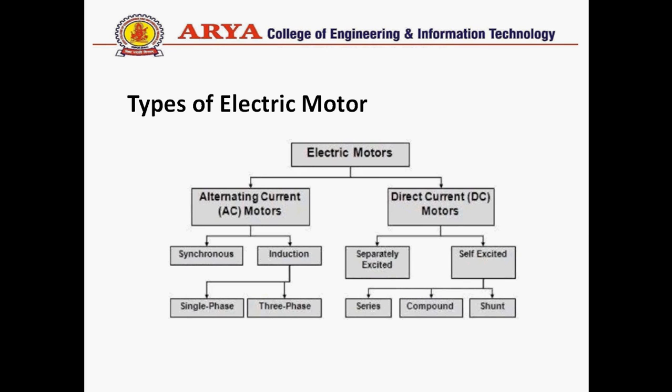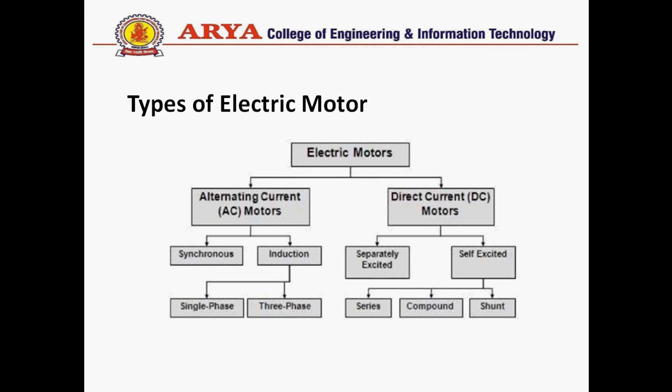And the induction motor is further divided into two types, single phase and three phase. And the DC motor is divided into two types, separately excited and self-excited. And the self-excited motor is further divided into three types: series, compound, and shunt.